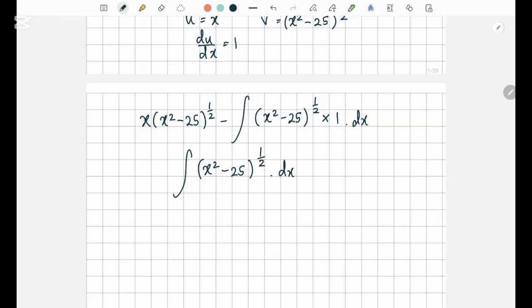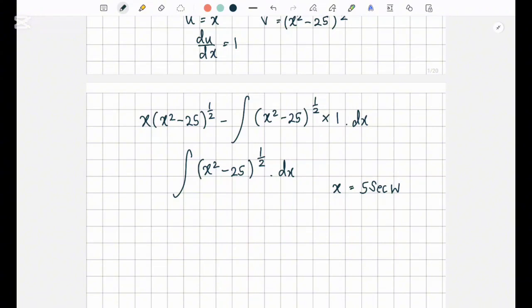So now let's take another substitution. Let's take x equals 5 sec w. The reason I'm taking it like that is, now we have x squared in the integral, right?